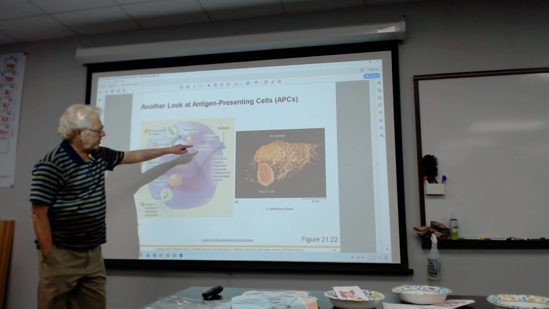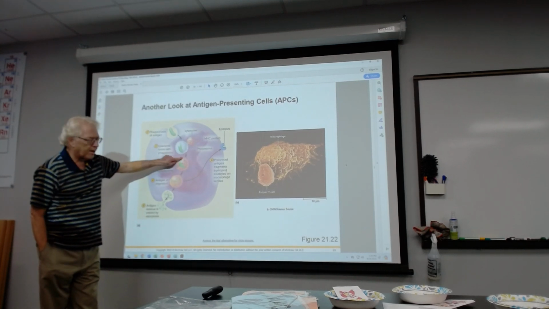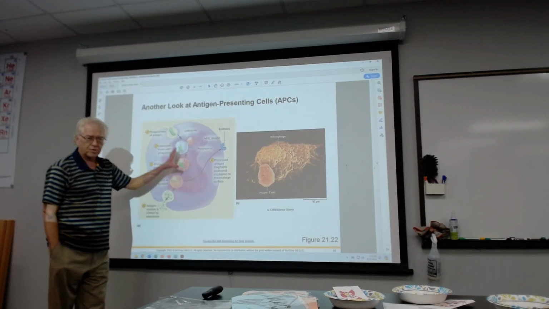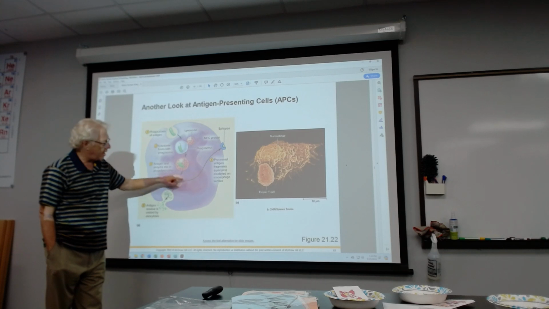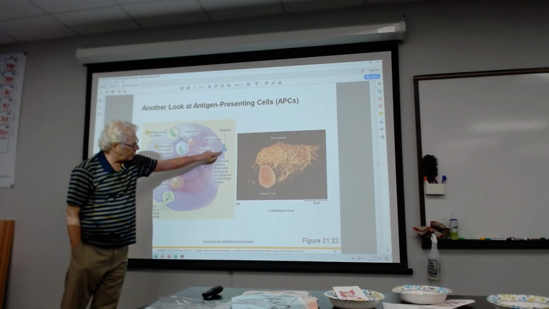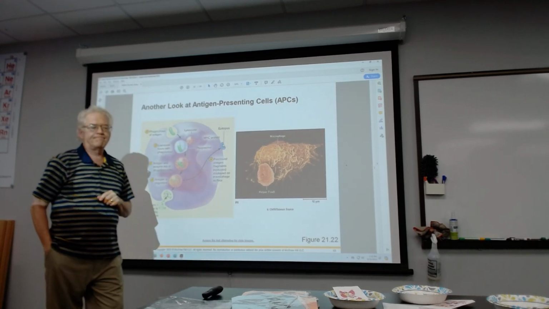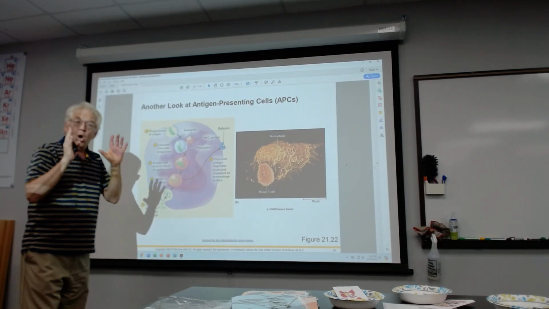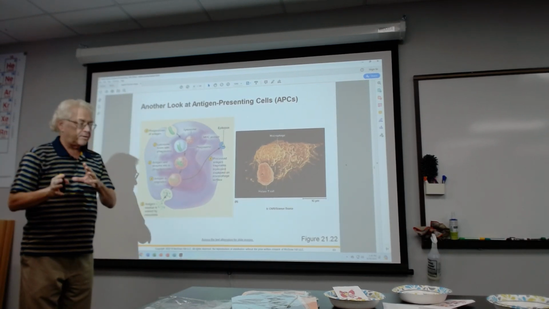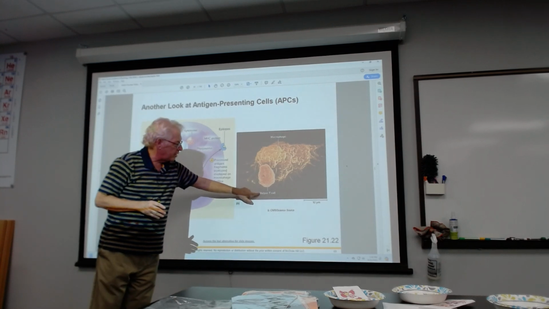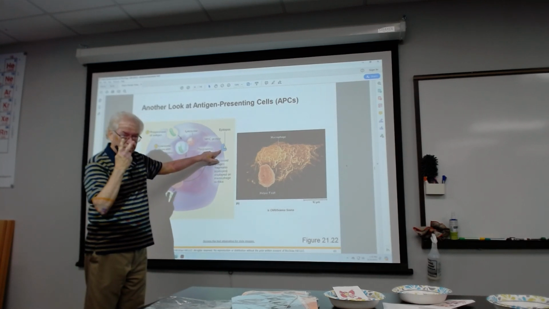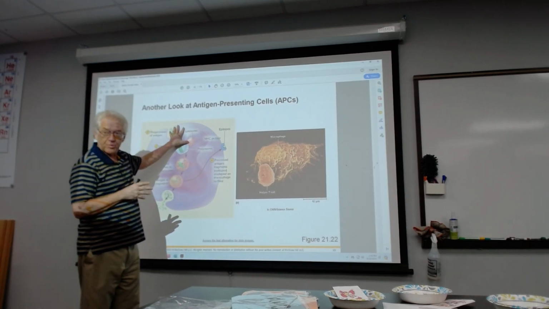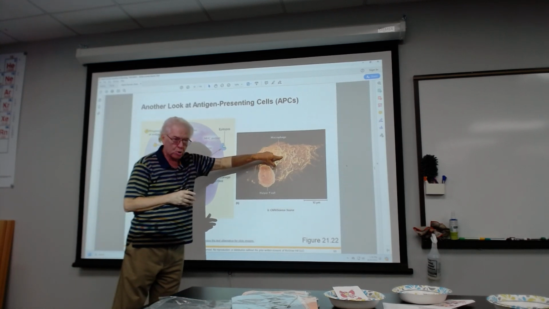So there you go. While the APC is chomping up a bad guy, a piece of the bad guy will be put inside the basket. All right? Okay. Just got to remember, who is checking what basket? The helper cell checked the basket, type 2, on antigen-presenting cells, or big eaters.